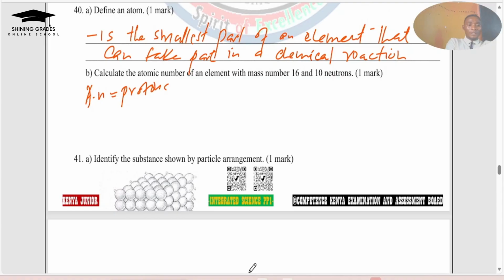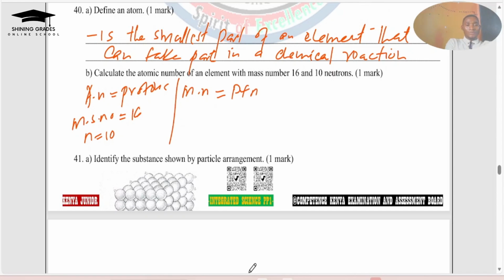With the mass number as 16 and neutrons as 10, we need to understand that mass number is given by protons plus neutrons.